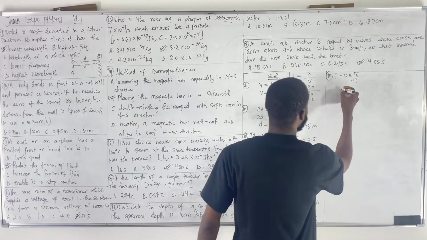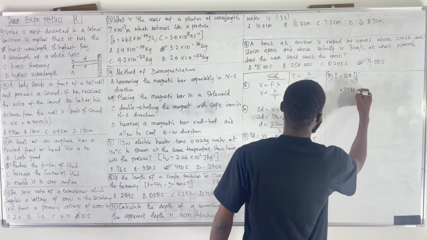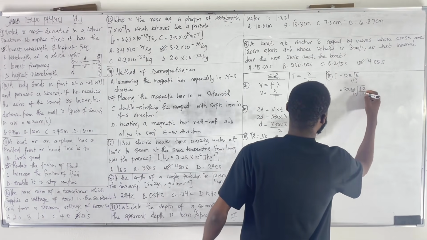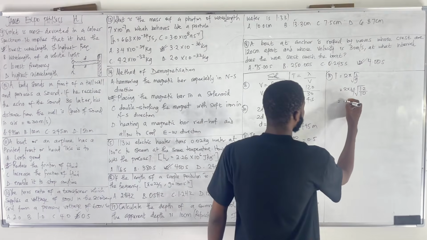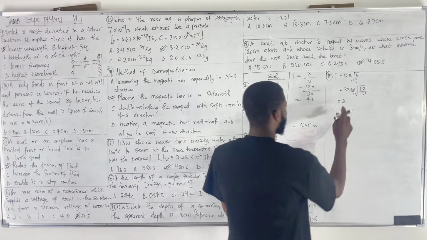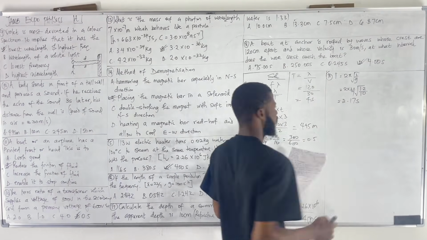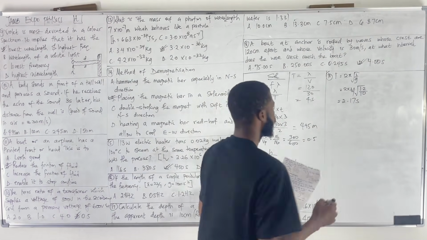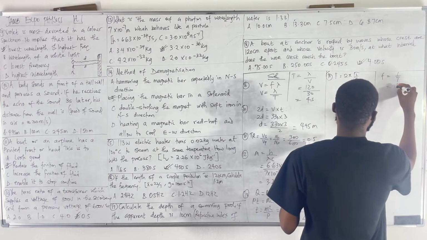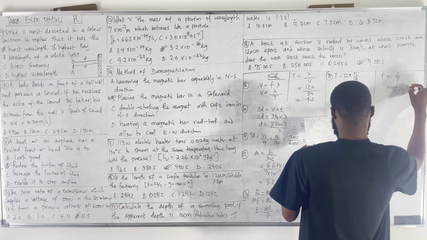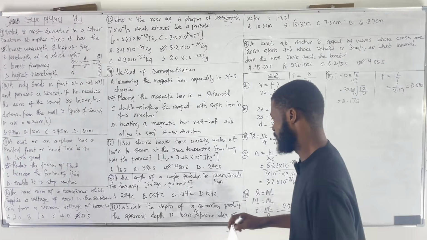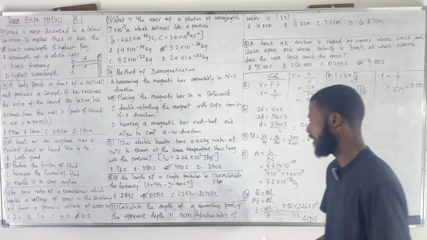So this will be 2 times 22 over 7 times the square root of 1.2 divided by 10. I think I've already calculated this. This should be 2.17 seconds at the end of the day. So our frequency is 1 over the period, which is 1 over 2.17. So this is approximately 0.5 hertz.